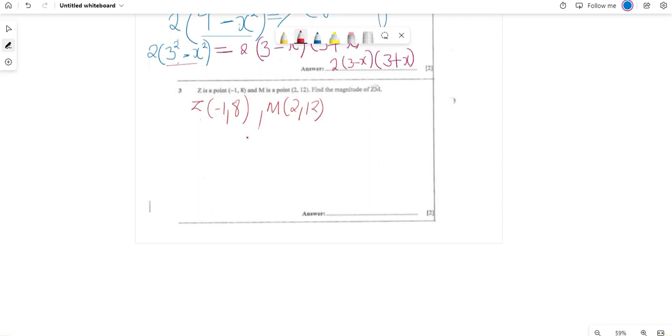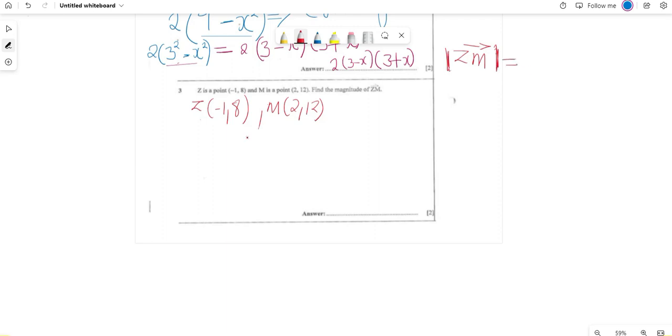There are two formulas that we can use here. Let me write the first formula here. The magnitude of vector Zm. We use the modulus to show that this is the magnitude that we are looking for.